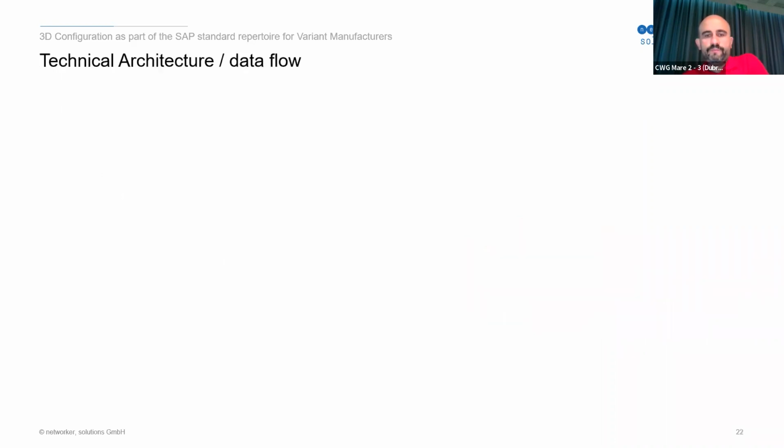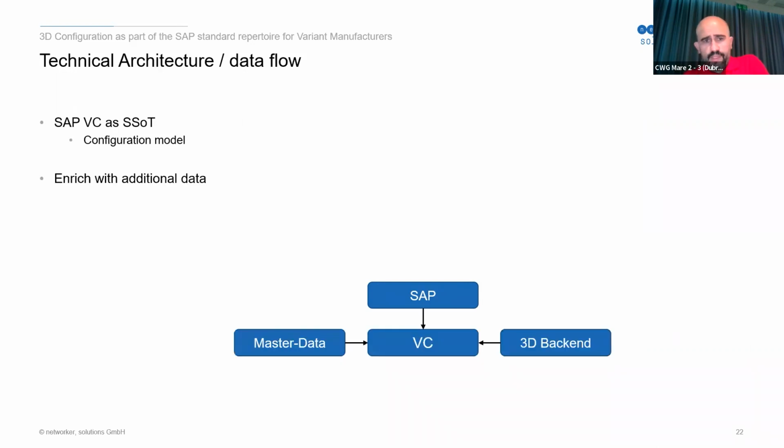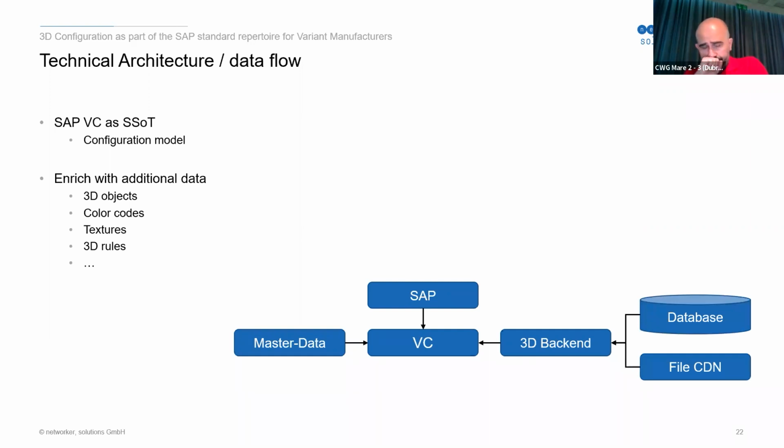The data flow is also short information. As I said, the single source of truth is the configuration model in VC. With the enrichment of 3D data in the 3D backend, there we have the 3D objects, but also, for example, color codes and the textures to have the right visualization on the surface.